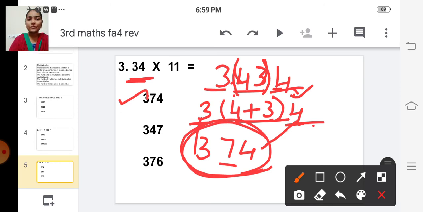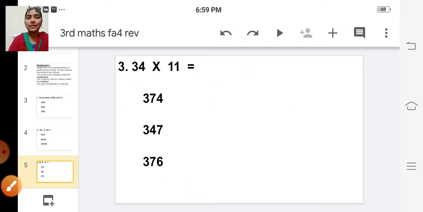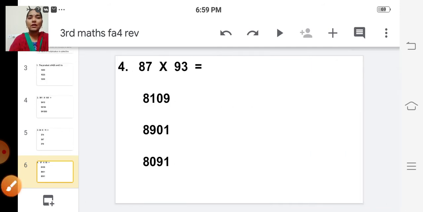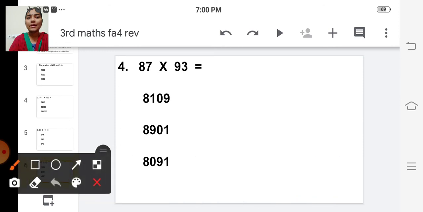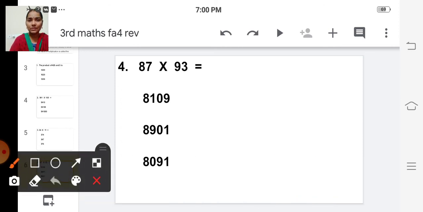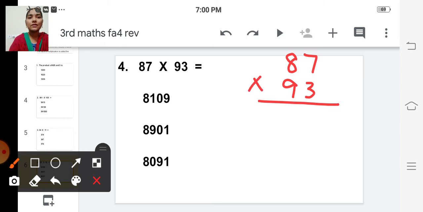Okay, children? Yes. So the next one, 87 into 93, which is equal to dash. Now we are going to multiply these two-digit numbers. Write 87 and 93. First we multiply the ones digit: 3 into 7, 3 sevens are 21.